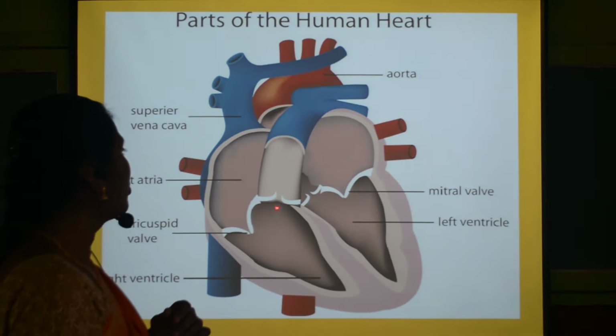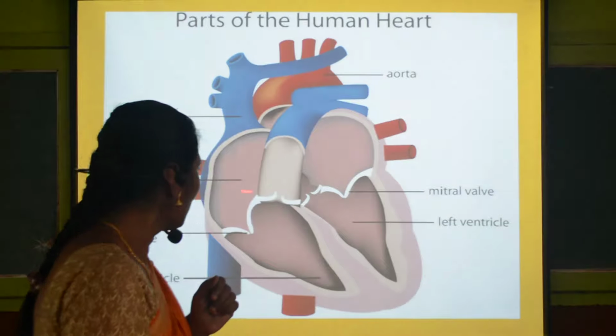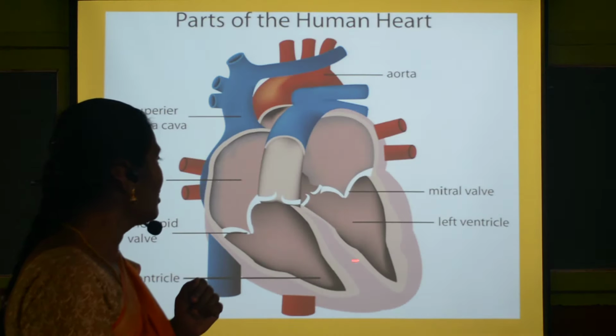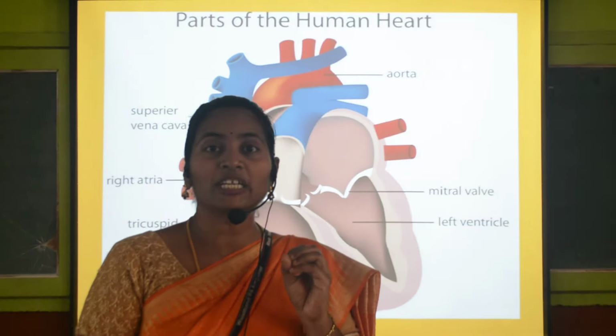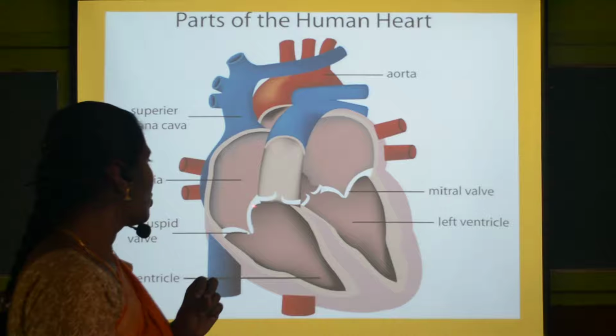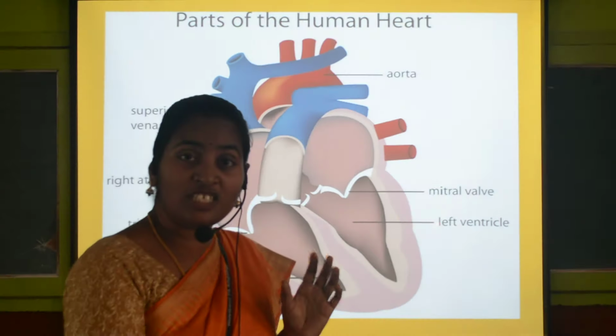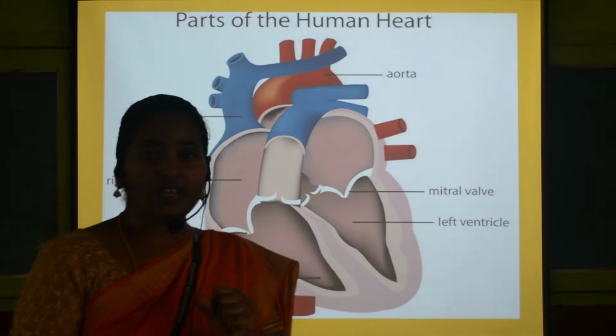Now what happens in this case? The semilunar valves are closed, isn't it, children? As they were closed here, the ventricles are completely filled with blood, isn't it? So this creates some pressure, so that in ventricular systole, which is the third stage, both the ventricles get contracted.